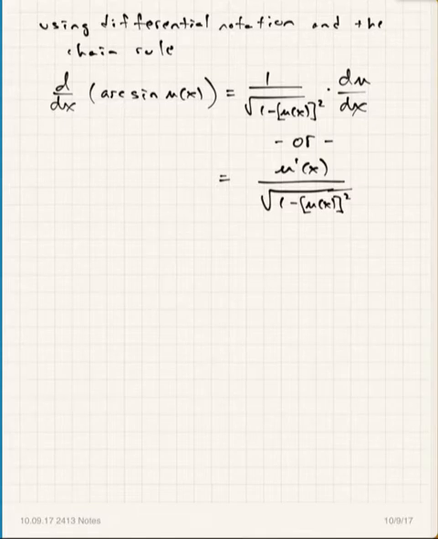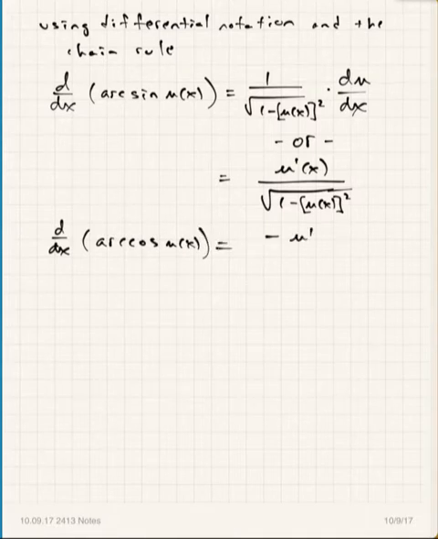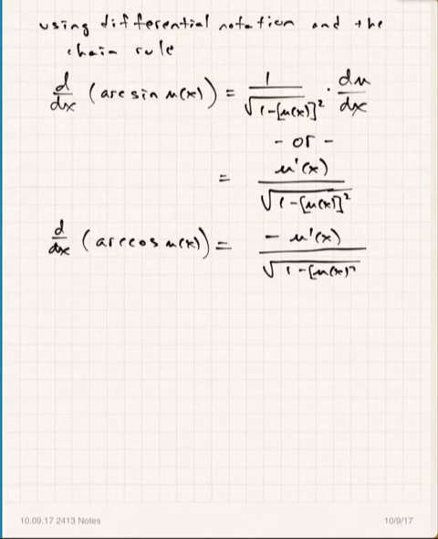All right, so writing out the other derivatives, we have the derivative of arc cosine of u of x is a very similar expression. It's negative u prime of x over the square root of 1 minus u of x quantity squared, like that.